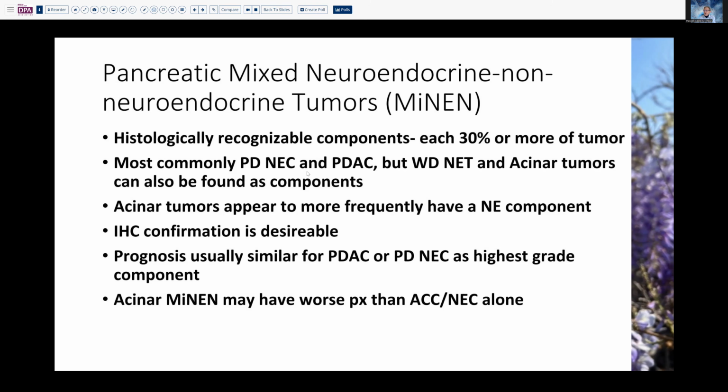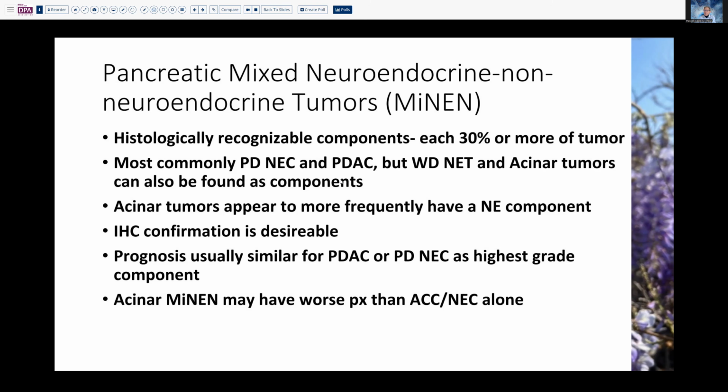The usual combination here is a poorly differentiated neuroendocrine carcinoma with pancreatic ductal type adenocarcinoma. But well-differentiated neuroendocrine tumors can participate in this, as evidenced in our current case, as well as acinar tumors. In fact, if you take it proportionately, acinar tumors more frequently have a neuroendocrine component than ductal type adenocarcinomas do.